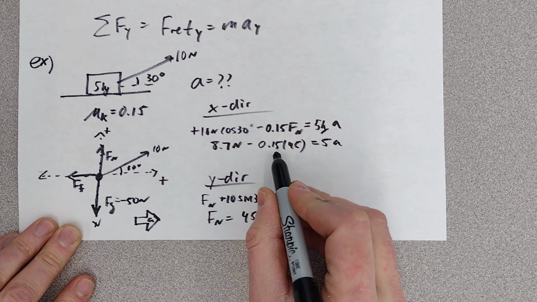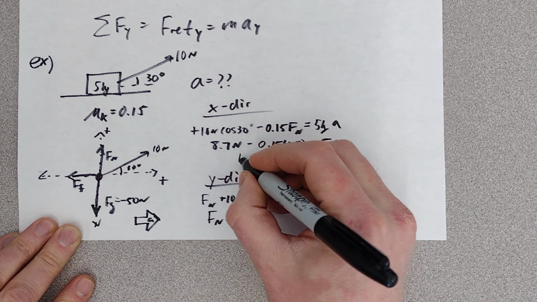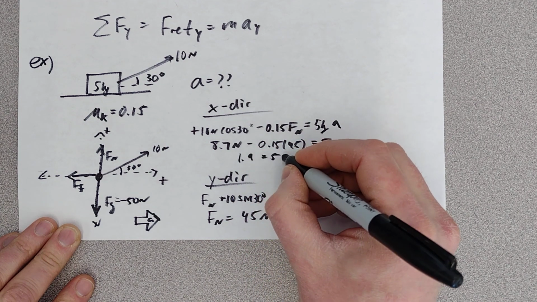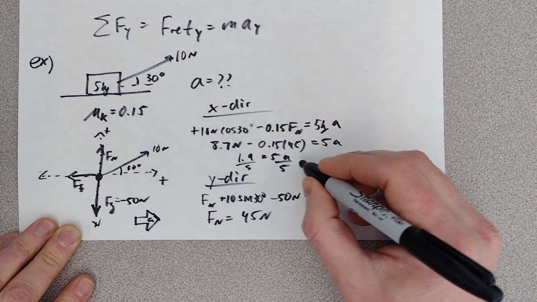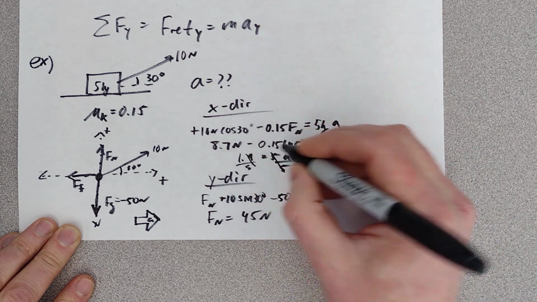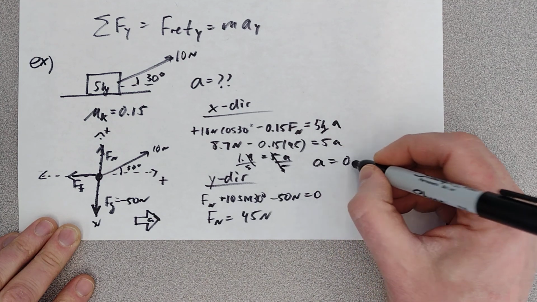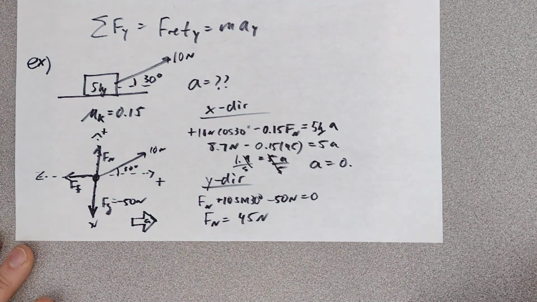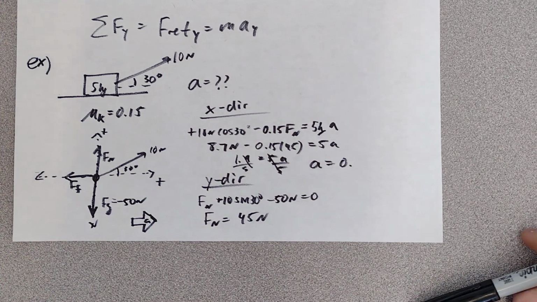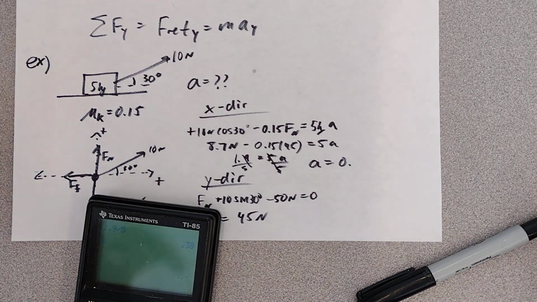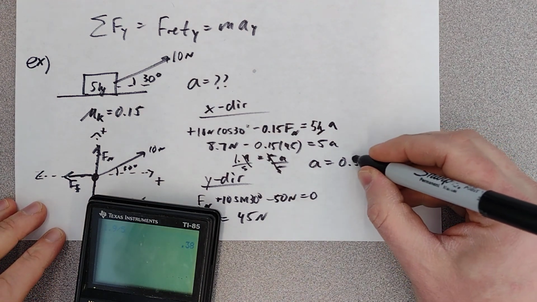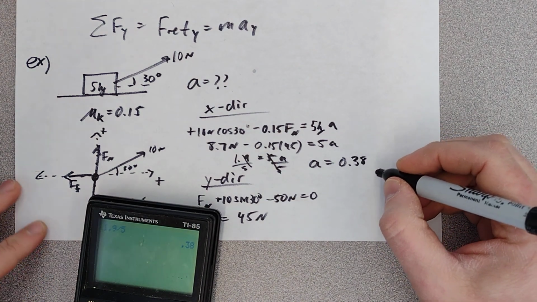I think this ends up being 6.8, because then this ends up being 1.9 equals 5a. So 1.9 over 5. Checking with a calculator, it ends up being 0.38. I should have estimated it: 2 over 5 is 0.4.